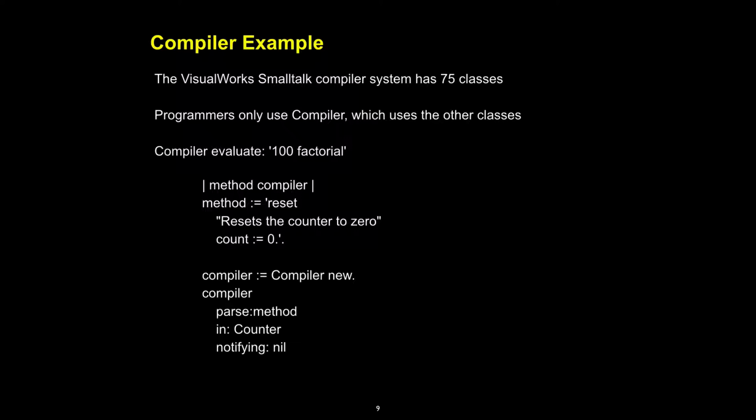And so we're creating a string which contains a method, which all it does is has a comment and then sets the count to 0. And now I can get the compiler, and then I can parse this method inside of a particular class. And now that adds that method to the class. Done, right?